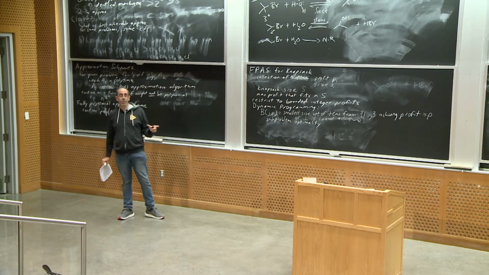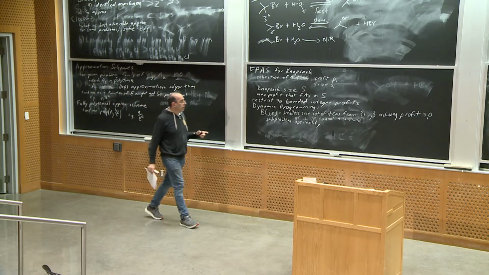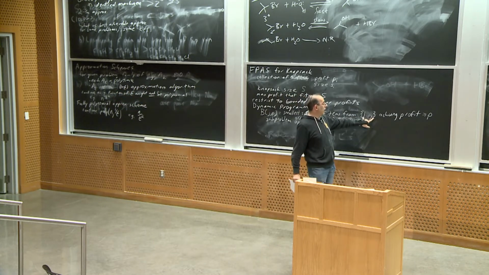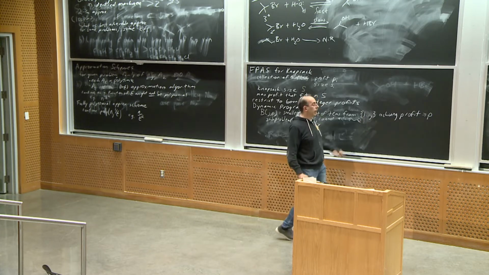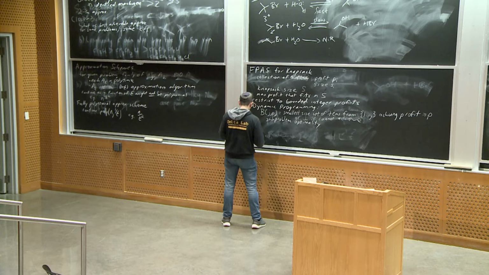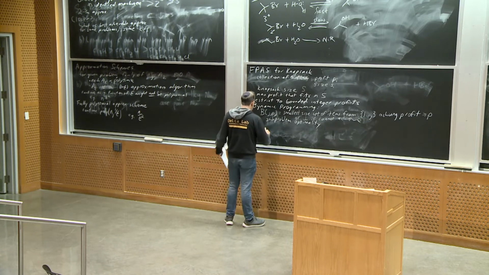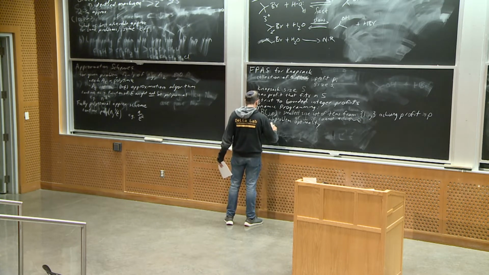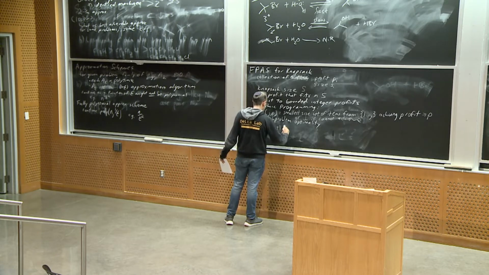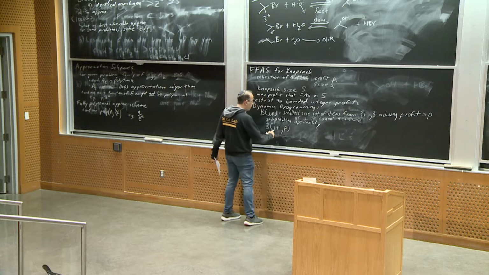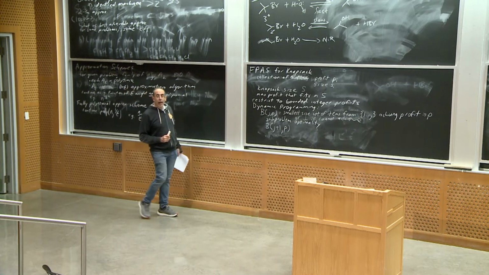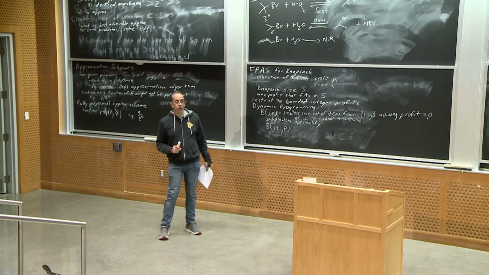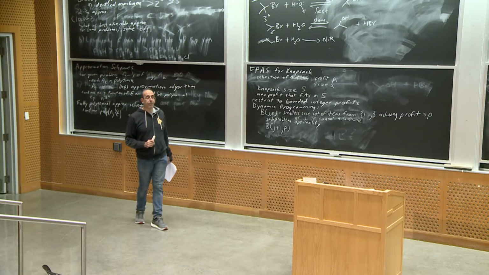It means that if you have an optimum solution to a bigger problem, it contains within it optimum solutions to the smaller problems. Okay? And in particular, let me ask you how I can express the optimum solution for the items 1 through j plus 1 at a target profit p. How can I assemble that by considering smaller problems?